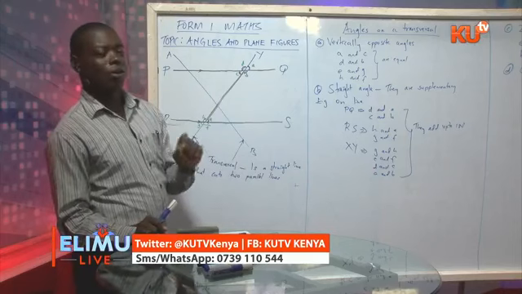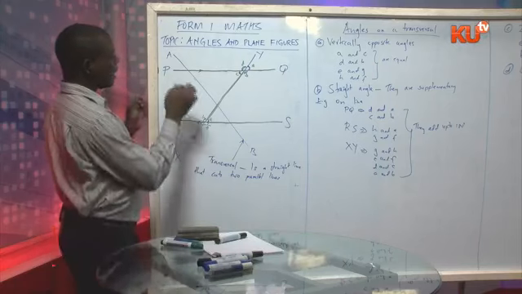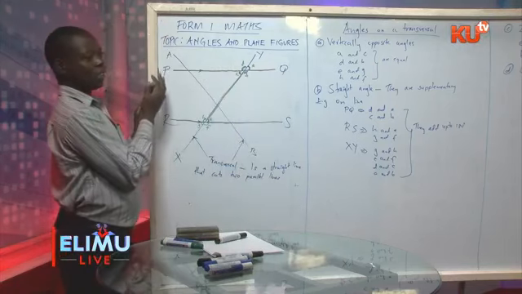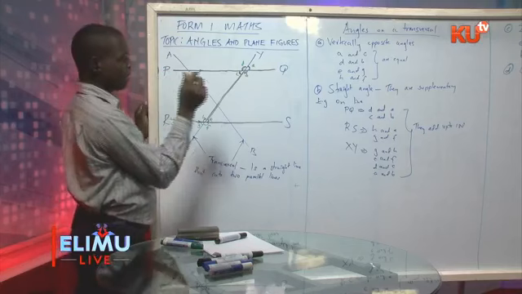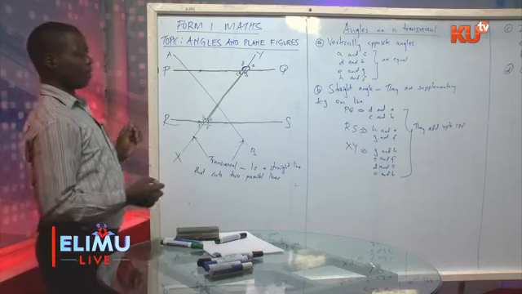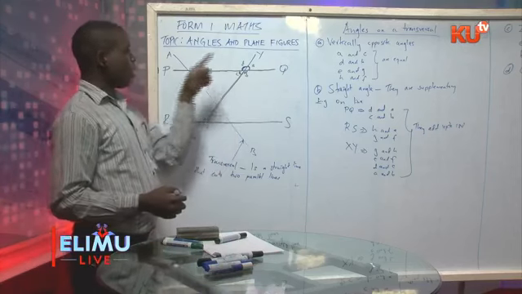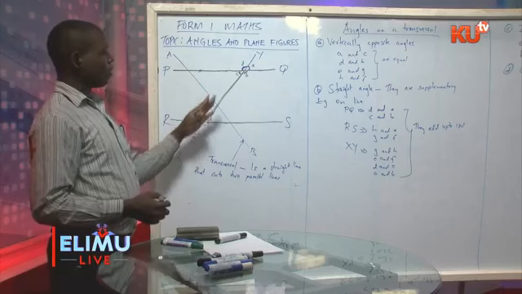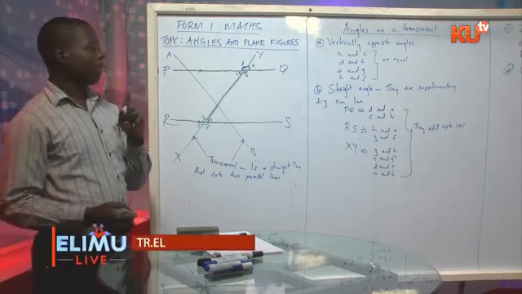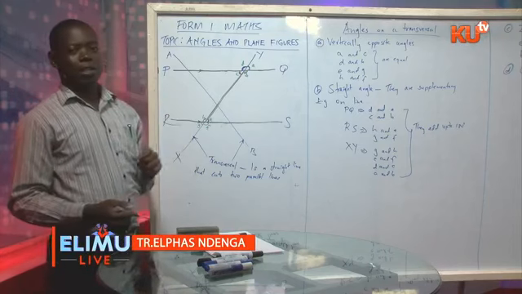Give these angles positions. If I look at the line PQ on the left side of the transversal, the first angle is D. Again, I'll repeat. If you look at the line PQ on the left side of the transversal, the first angle is D. So what is the first angle on the line RS, the same side of the transversal?